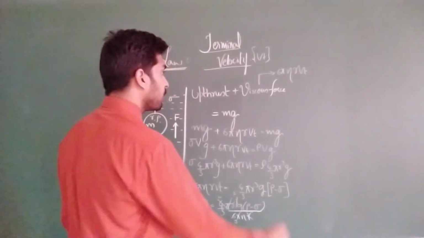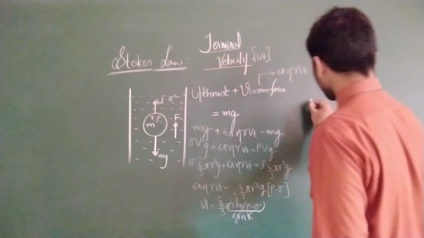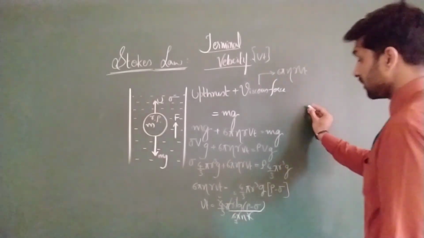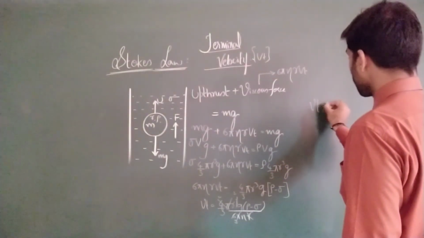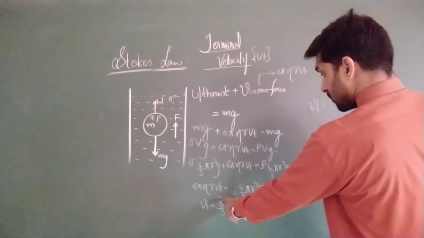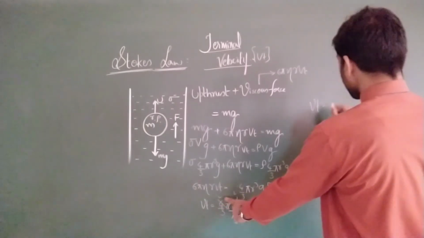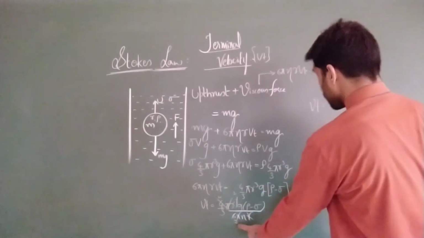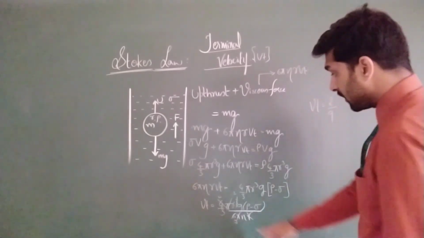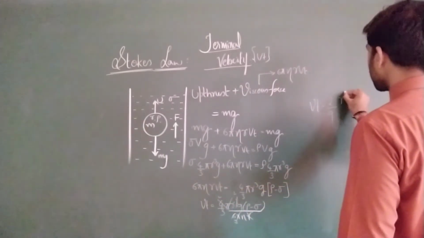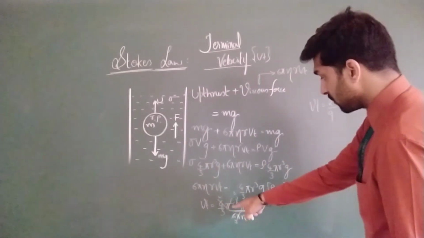So what is remaining? Vt is equal to, here we have 2. In the denominator, 3 3s are 9. In the denominator the next term is r square, in the numerator r square.